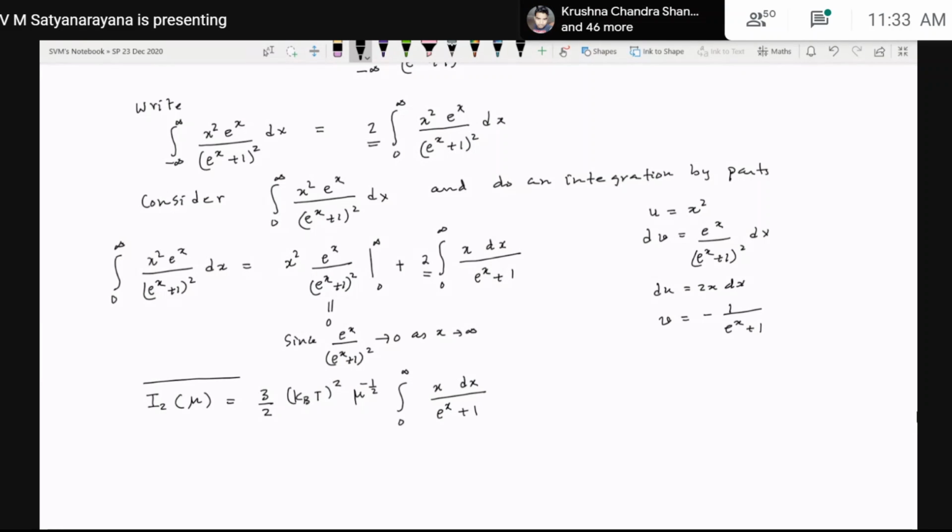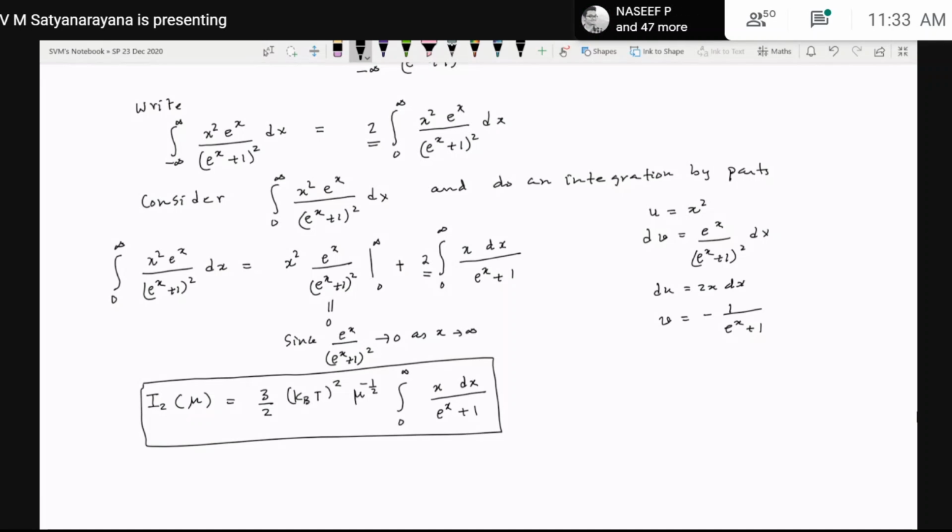So let us try to evaluate the slightly more general integral. So we can consider an integral which is the integral from 0 to infinity of x to the power p minus 1 dx divided by (e to the power x plus 1).